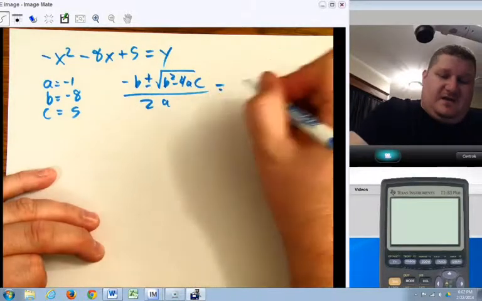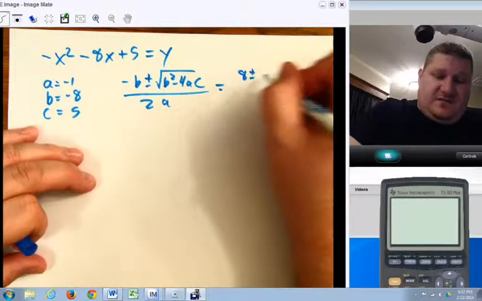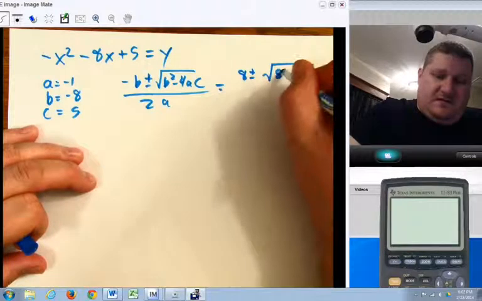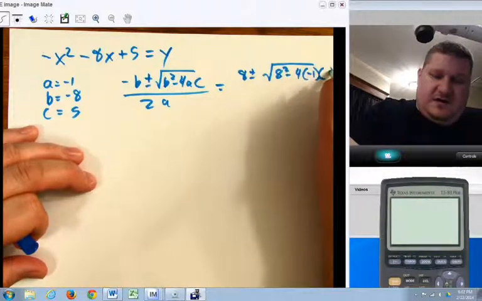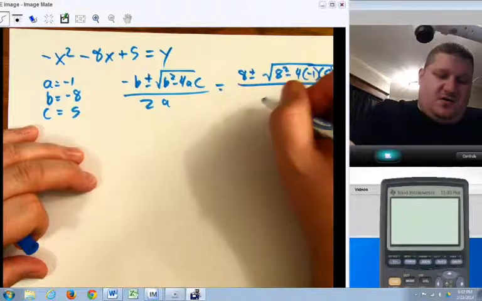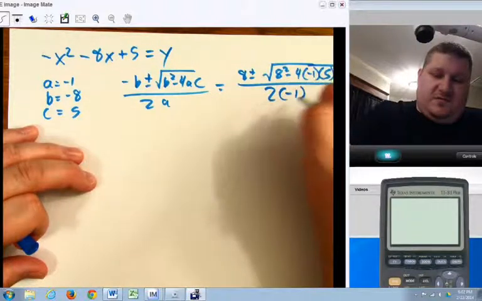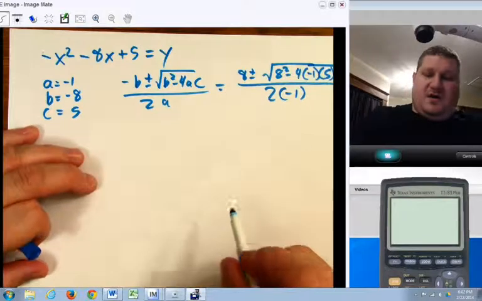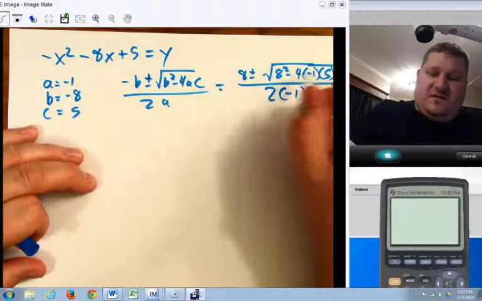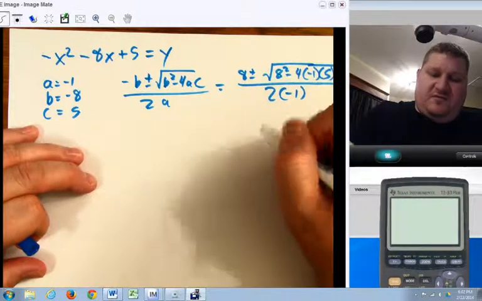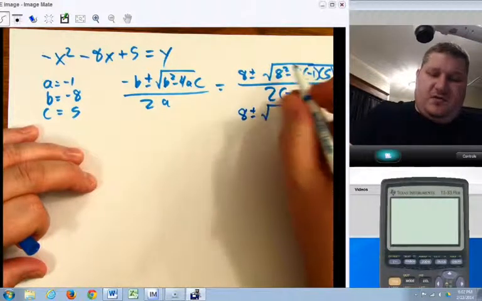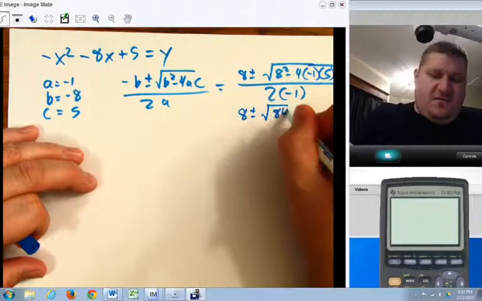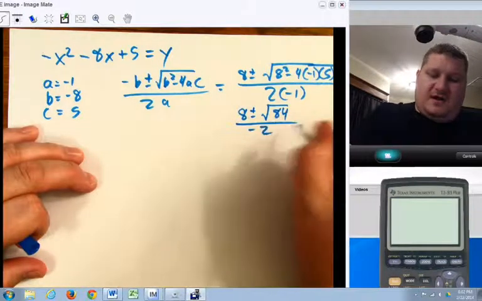That gives us 8 plus or minus the square root of 8 squared minus 4 times -1 times 5 all over 2 times -1. All right, I come up with 64, I come up with 24, I have 8 plus or minus the square root of 84 all over -2.